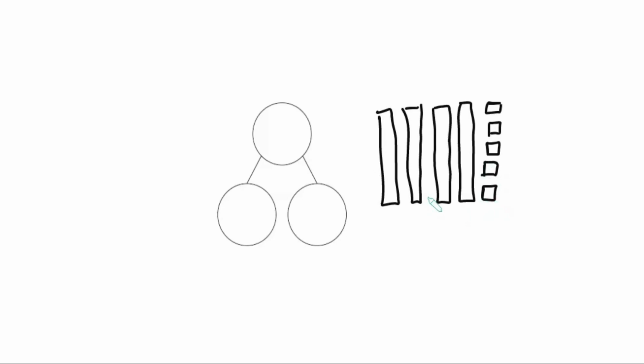So now we're going to fill in our part whole model, and then we're going to partition, we're going to break up this number. So let's count how many in our tens and ones, how many we have all together. That's the first thing we need to work out.